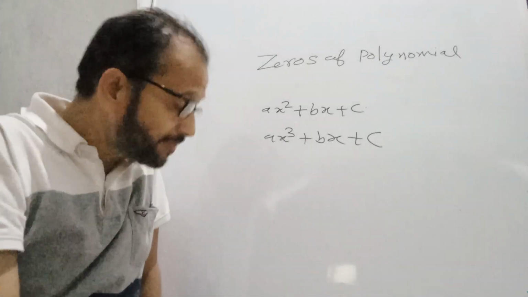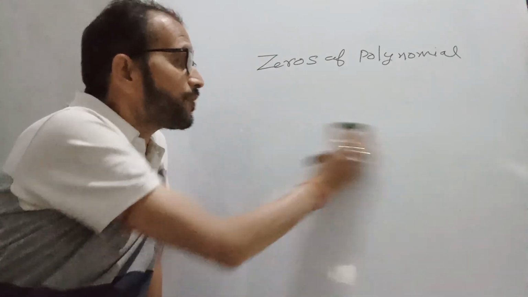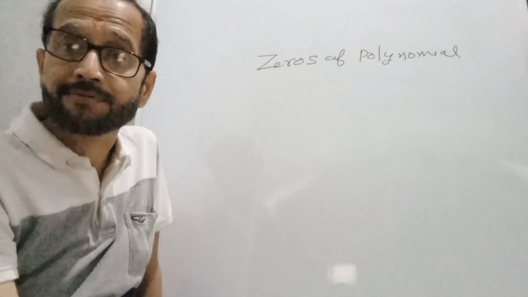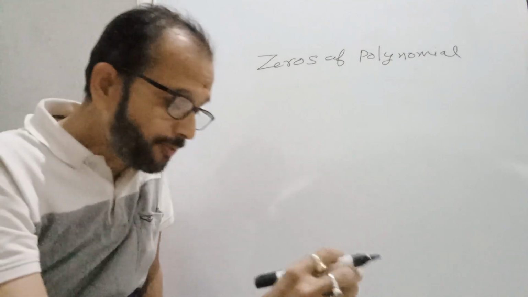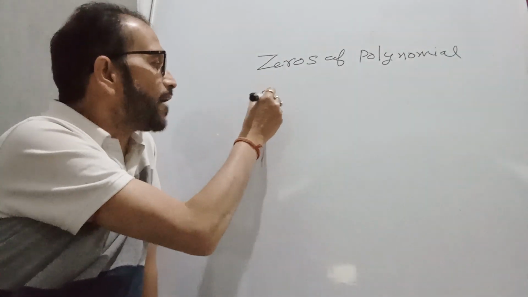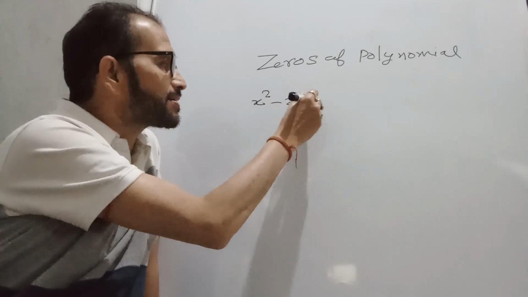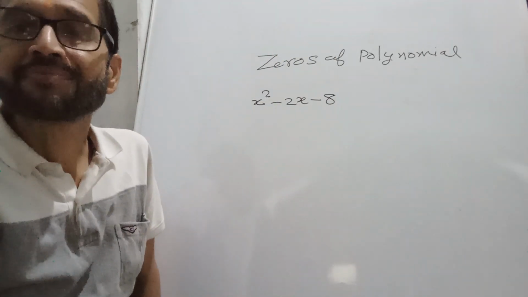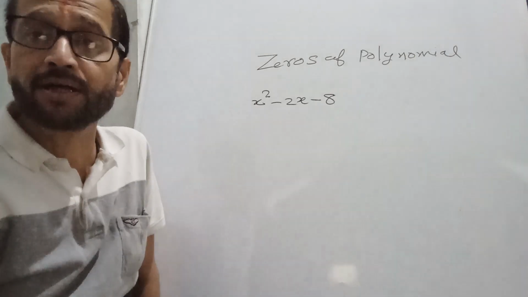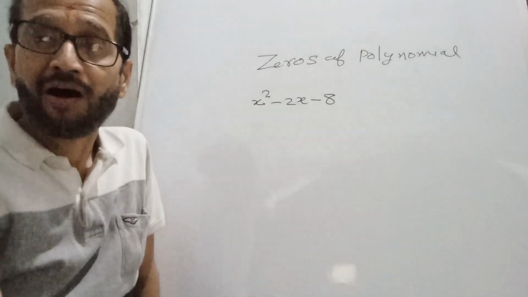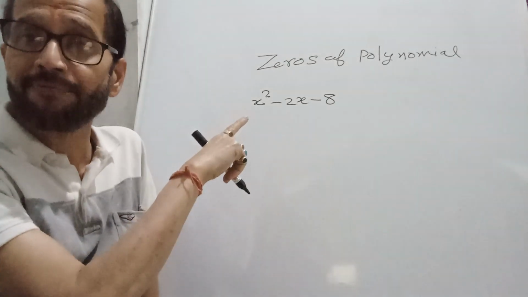Okay. Now, how can we find out the zeros of a polynomial of second degree? Suppose a polynomial is x square minus 2x minus 8. It is a polynomial. Then how can you find out the zeros of this polynomial? How many zeros does this polynomial have?